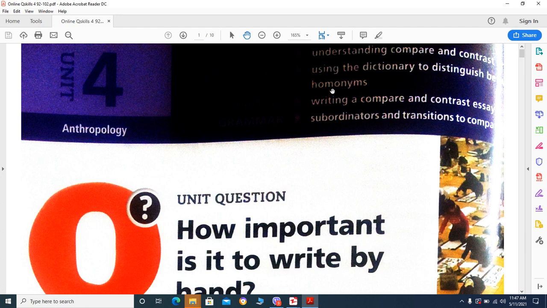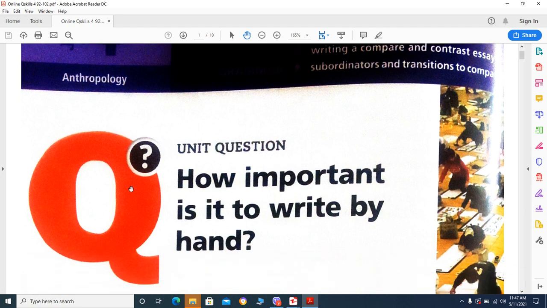Then we will learn how to use the dictionary to distinguish between homonyms, words that sound similar but have different meanings. How can we find the difference in their meaning by using a dictionary? Then we will learn to write a compare and contrast essay, and lastly we will learn about subordinators and transitions to compare. So these are our objectives that we have to attain by the end of the unit.